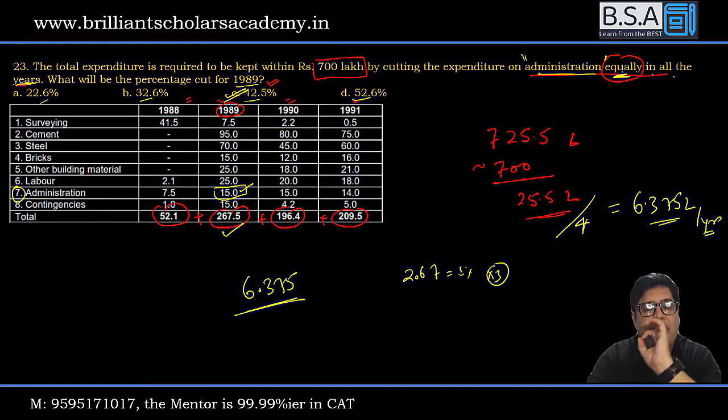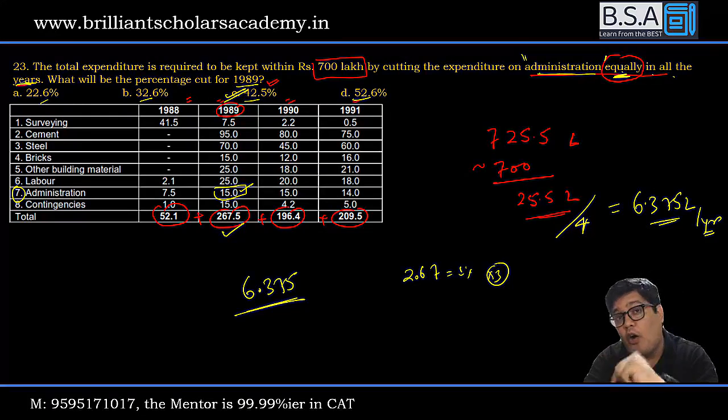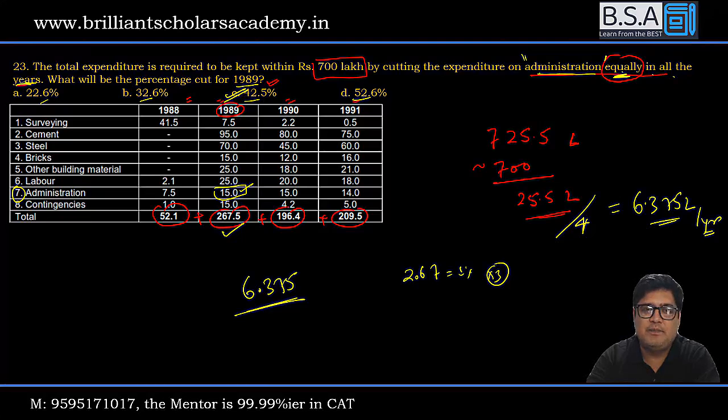What will be the percentage cut? How much decrease have we performed on the value? We have decreased 6.375 lakhs. On what have we decreased? On 15 lakhs we have decreased. 42.5%, guys. Amount of cut as a percentage for which year? 1989.